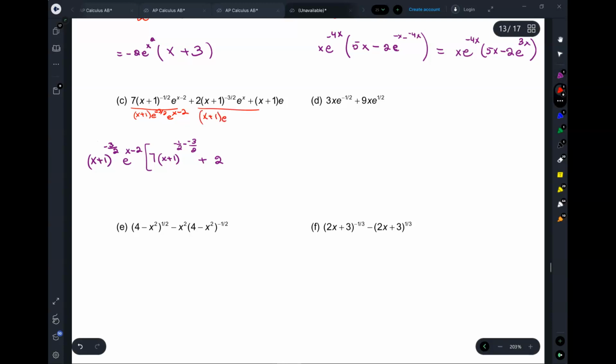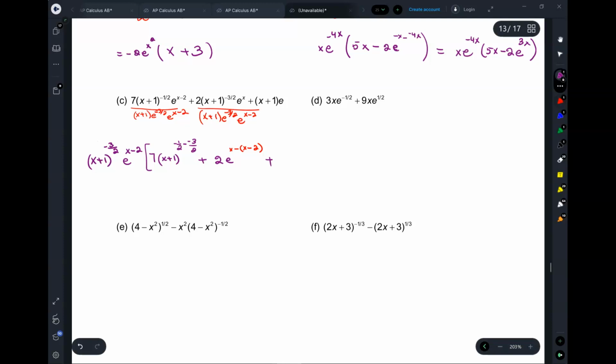X plus 1, e to the negative 3 over 2, that goes away. And then e to the x minus 2 is what I'm dividing by. So I'm going to get e to the power of x minus 2. Don't forget your PEMDAS, your order of operations stuff.